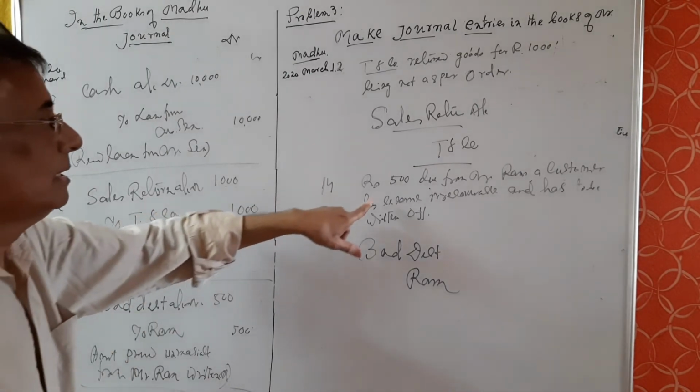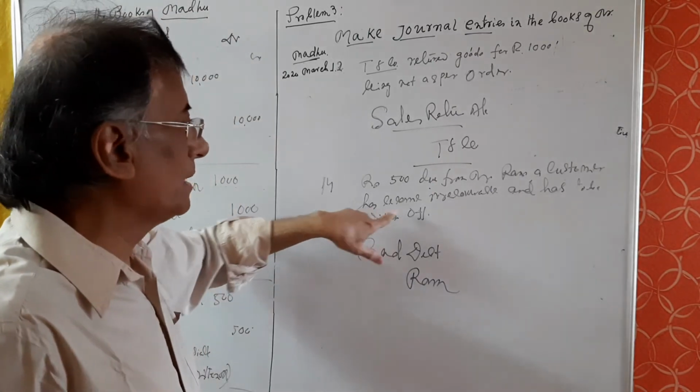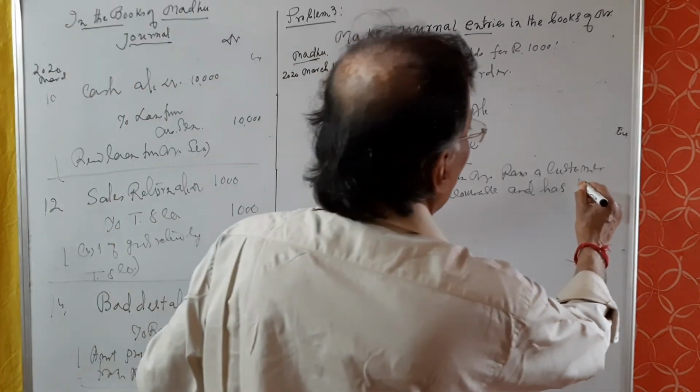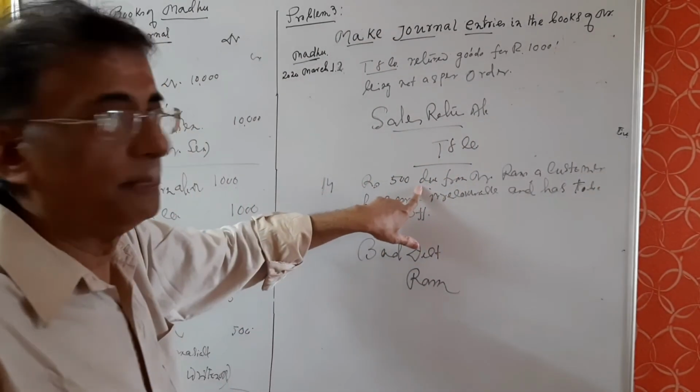Is it clear to you? Rupees 500 due from Mr. Ram, a customer, has become irrecoverable and has to be written off. So this is simply bad debt.